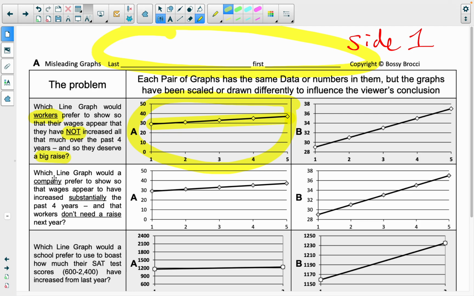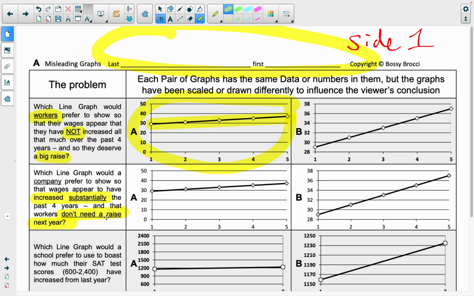Now, which line graph would a company prefer to show so that it appears that your wages have increased substantially and you do not need a raise. So looking at the two graphs, you're the company and you're like, hey, you don't need a raise. We've been increasing your wages every year.